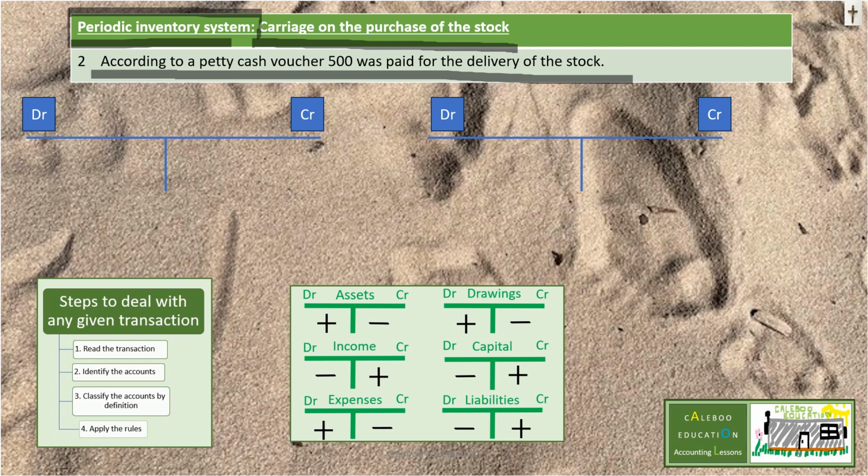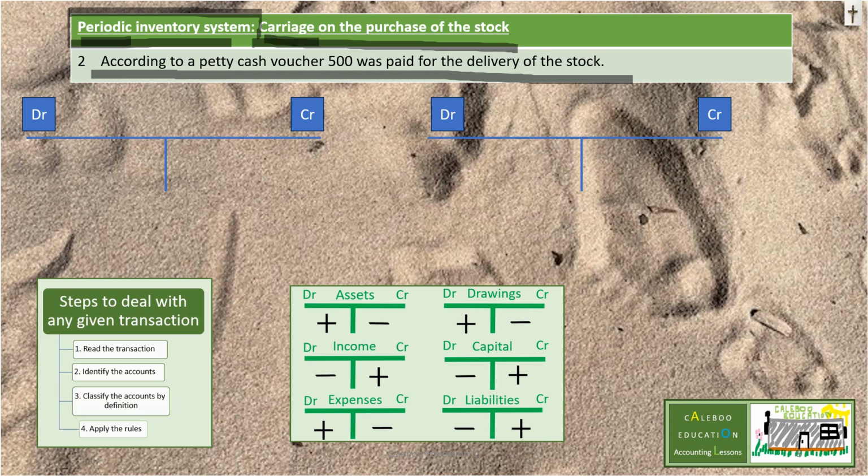The cost is not added to the cost price of the stock. In the periodic inventory system, all these little extra costs with regard to stock is recorded separately.